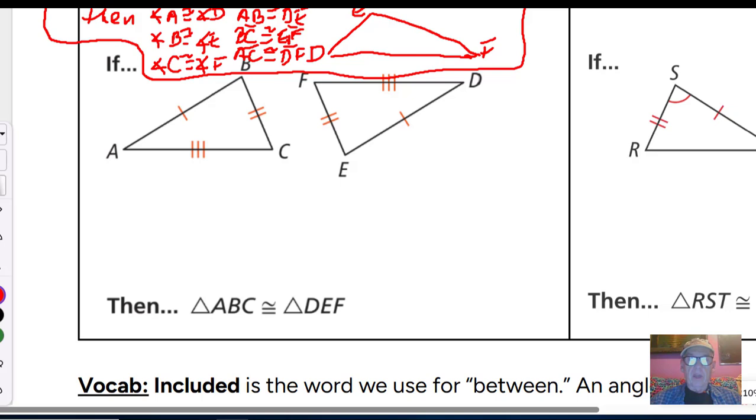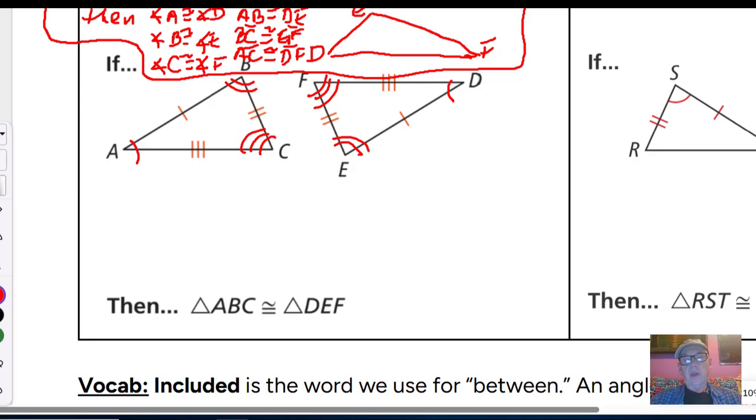Angle A is congruent to angle D. I'll put a matching mark there. Angle B is congruent to angle E. And angle C is congruent to angle F.